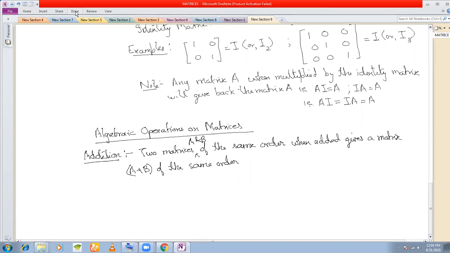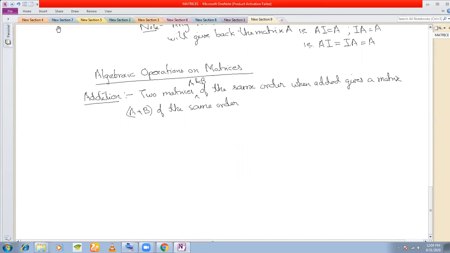Let me just do subtraction. It is the same for subtraction.